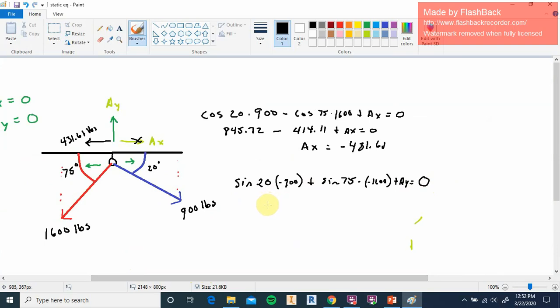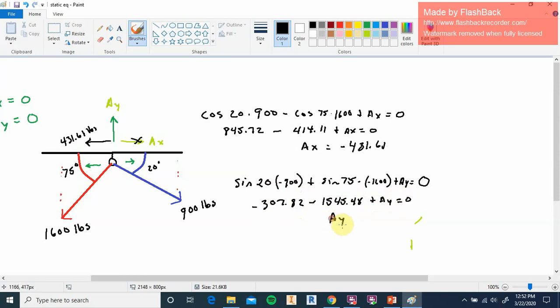All right, and so what we end up with is a negative 307.82, minus 1545.48, plus AY equals 0.